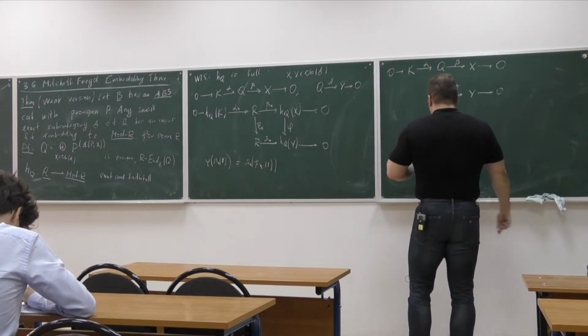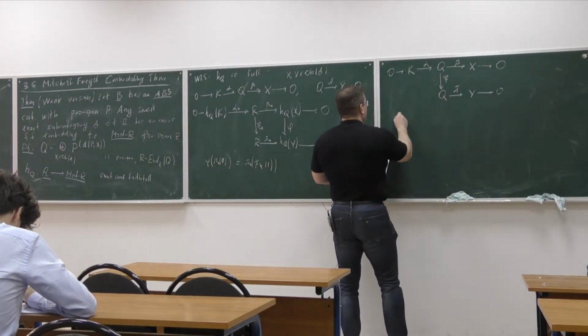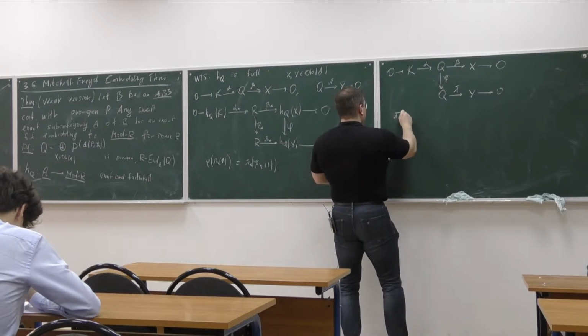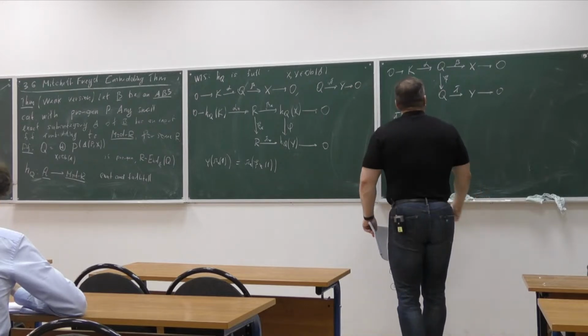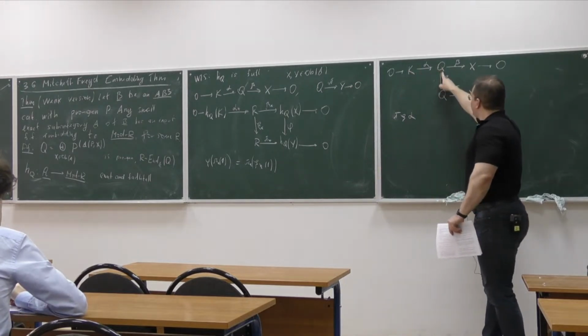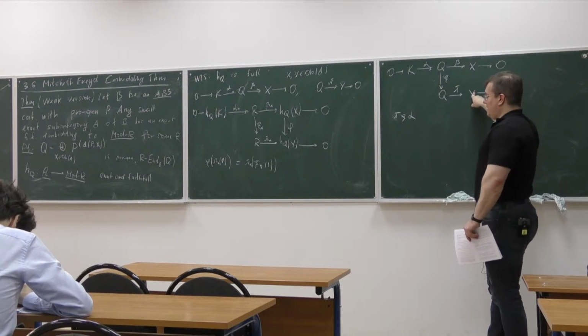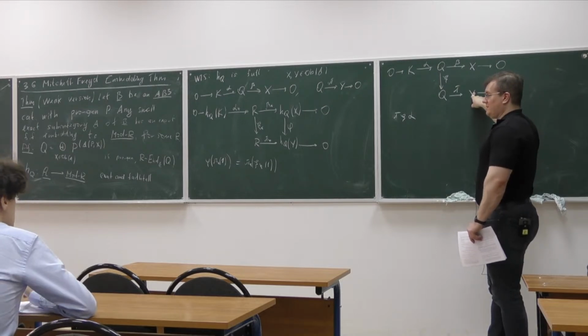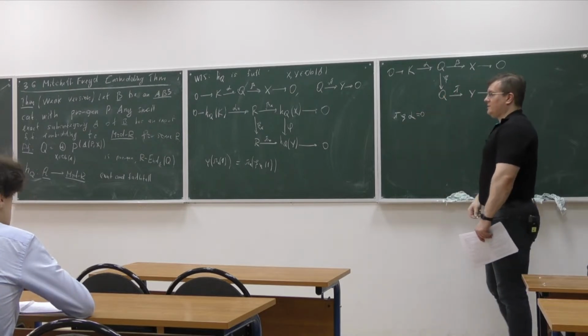Now, if I look at the composition of the pi, psi, and alpha, so going like this. What is this map? Well, I claim that this map is actually 0.